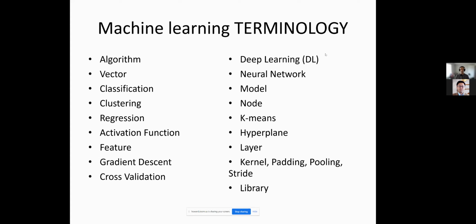We're going to talk about classification, regression, activation functions, features, all these different things that are important. Neural networks, these are all important. So I suggest that when you have some time, look up some machine learning terminology and see what they do. But as we go through, by osmosis, you'll get a lot of these terms that I'll define for you.